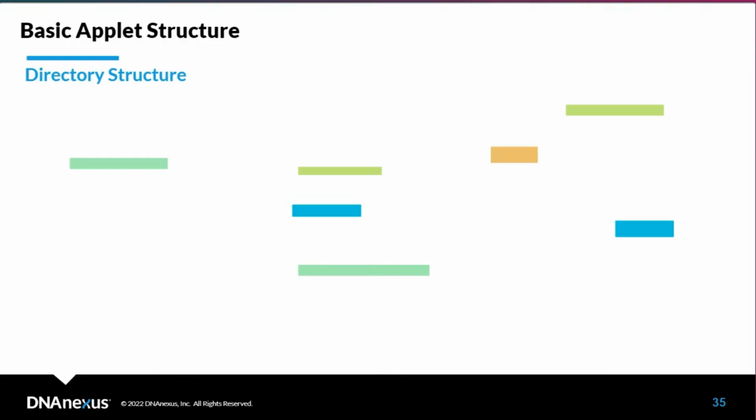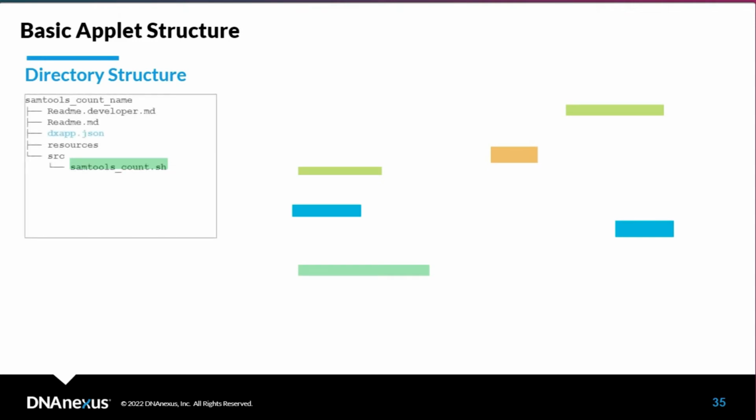So with that, I would like to talk about basic applet structure. As a first step, I would like to describe and explain a typical directory structure. Typically when you create a DNAnexus app, you must first create a local directory, which would consist of app source code and resources. That's the typical structure on the left side of this slide.